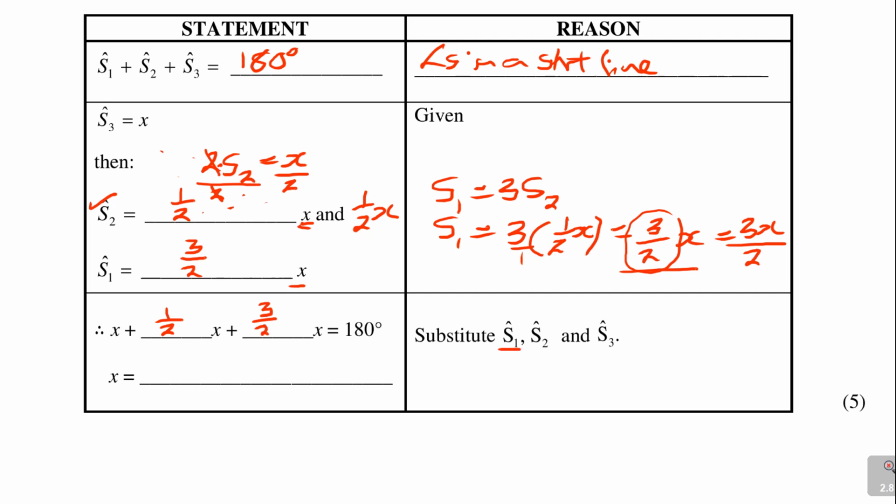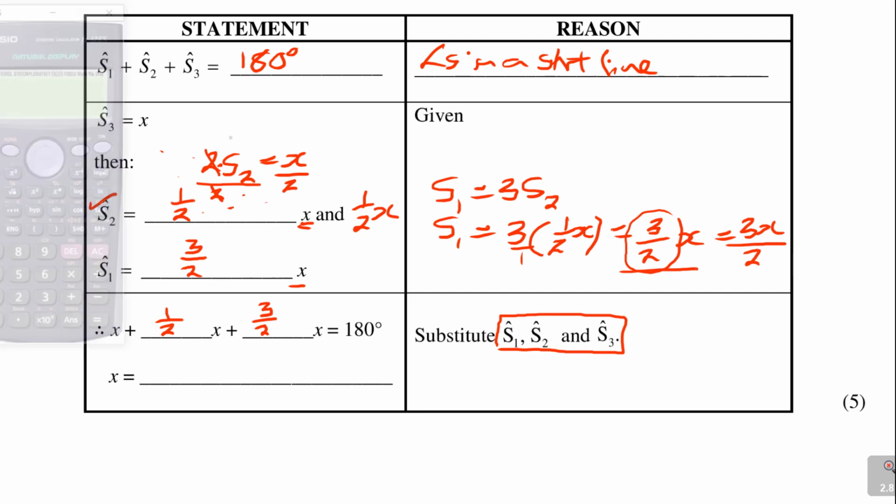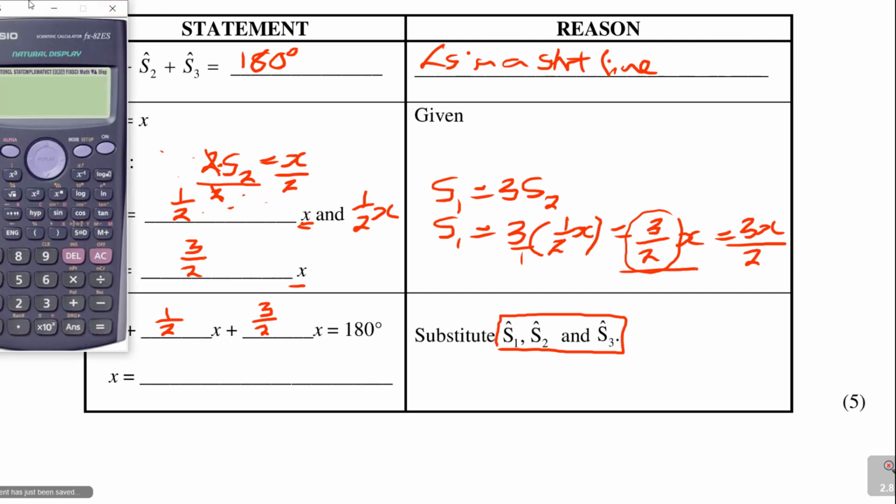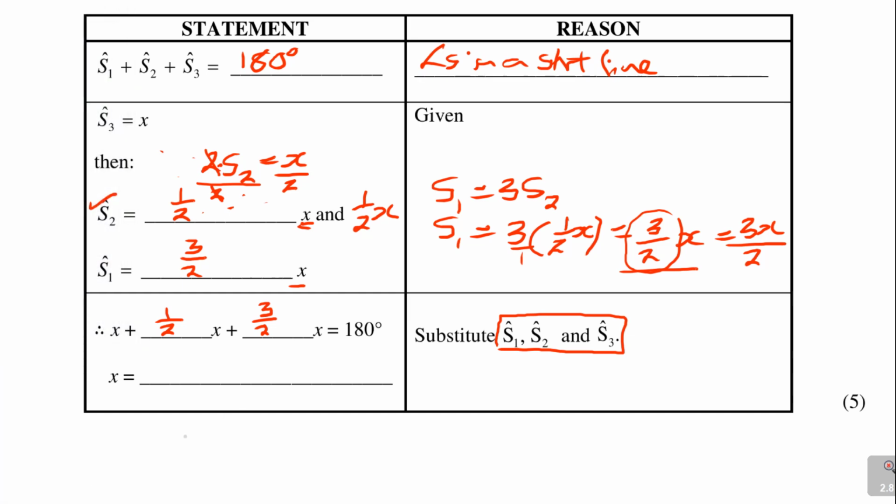Now they're saying substitute S1, S2, S3, and then find X. So you have X plus 1 over 2X plus 3 over 2X. This is equal to 180. Are you with me?